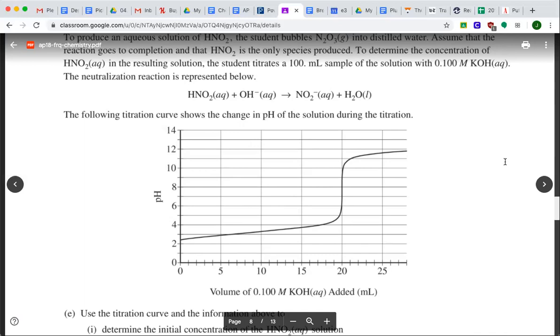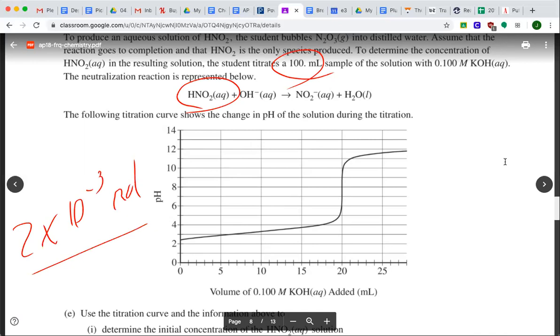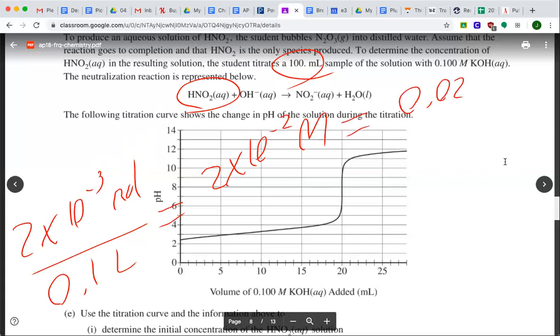So we started with 2 millimoles of HNO2. Okay, so we had 2 millimoles of HNO2 per 100 milliliter sample. So 2 times 10 to the negative third mole divided by 0.1 liter equals 2 times 10 to the negative second molar, which equals 0.02 molar.